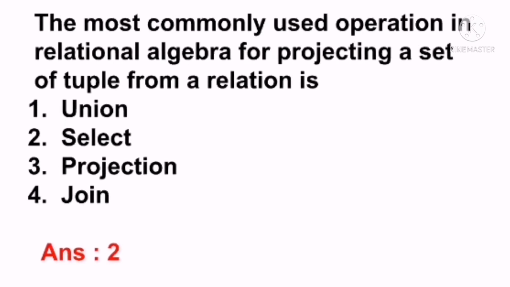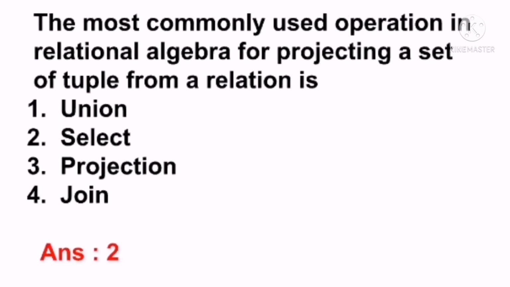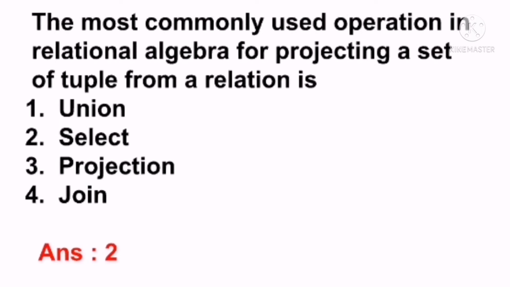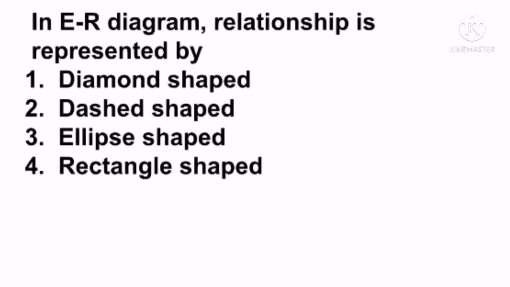Suppose we take an example like select star from student table. It represents the total table on your screen. So select is the operation that projects the set of tuples from a relation.